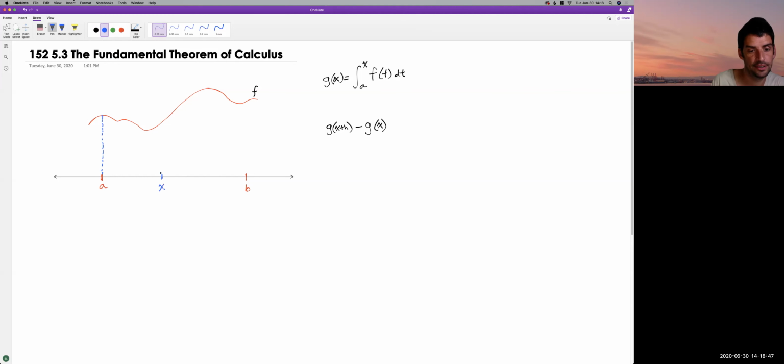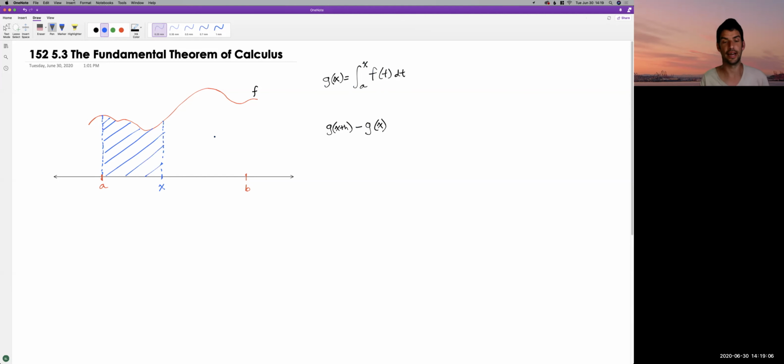G of x picks a value between a and b. I should say that x is going to be between a and b for this to make sense. We're just looking at that interval. And g of x would spit out the area between a and x.